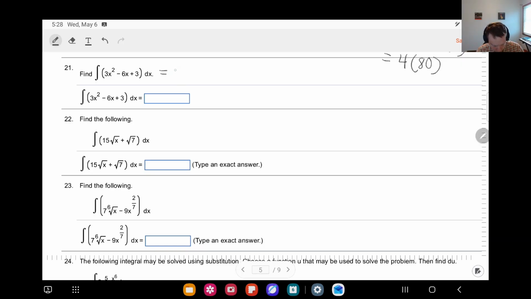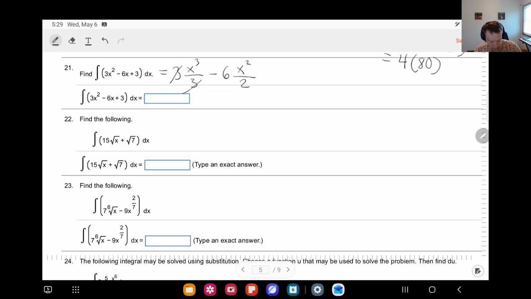So let's write this over here. We've got 3 times x cubed, I've added 1, over that new exponent, 3. Notice these cancel. Then we've got the 6x term. That's minus 6. That'll be x squared divided by 2. And a little canceling there as well.